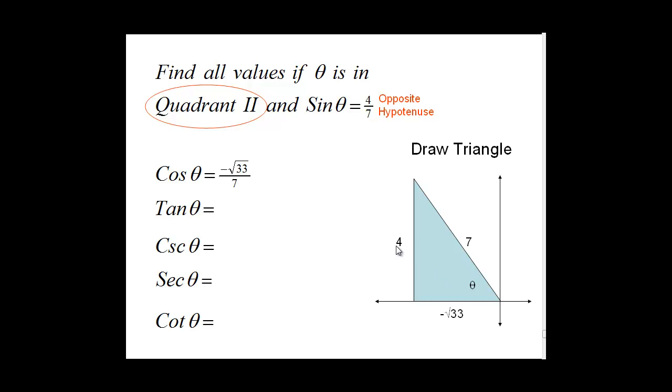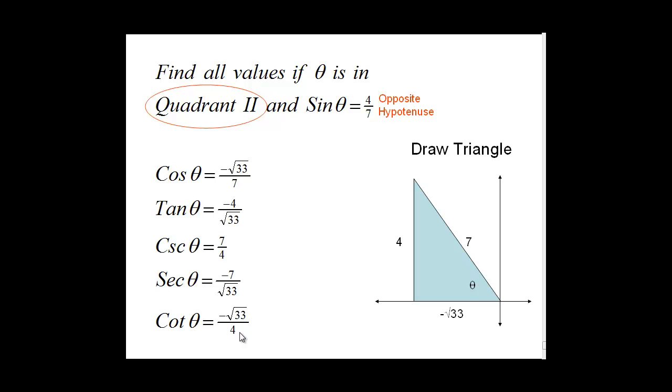Tangent is opposite over adjacent, 4 over the square root of 33, and it's negative. I'll put the negative on the top. Cosecant is sine flipped over, the reciprocal of sine, so it's going to be 7 over 4. Here's your sine value. Secant, you just take your cosine value, flip it over. I again put the negative on the top, negative 7 over the square root of 33. Cotangent, I take my tangent value, the negative 4 over the square root of 33, flip it over, find its reciprocal, negative square root of 33 over 4.